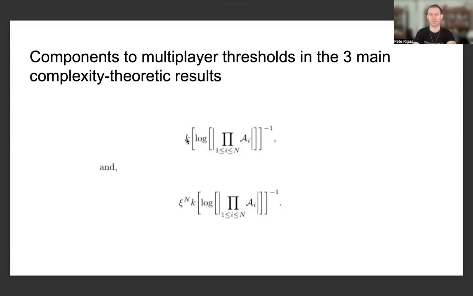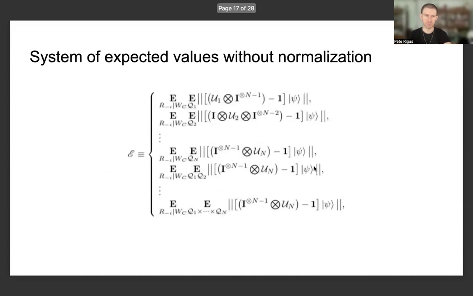Namely, given that we're still performing little k, the strictly positive parameter corresponding to the number of parallel repetition operations, we're normalizing by the natural logarithm of the product of the cardinalities of script A sub I, namely the answers from any one of an arbitrary number of big N players, as well as introducing another parameter, which is the anchoring probability raised to the number of players big N, times the number of operations of parallel repetition, normalized by the same logarithmic quantity.